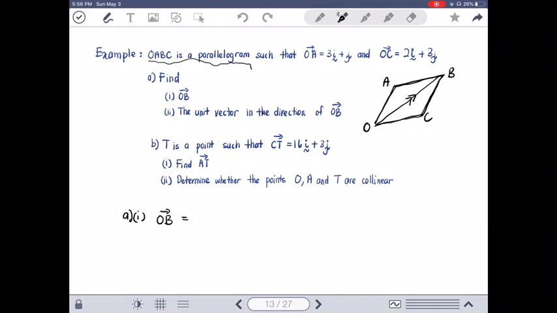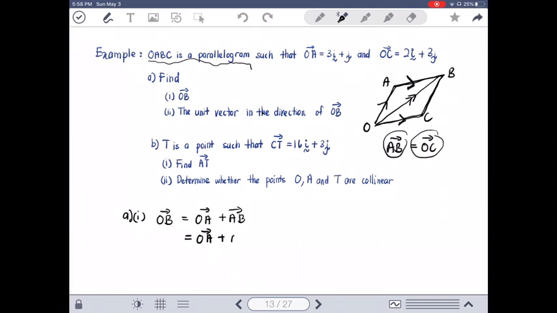Maybe we should use OA plus AB. And we know that vector AB, since it's parallel to vector OC, is equal to vector OC. They have the same length and the same direction, therefore they are the same vectors. So AB is equal to OC.